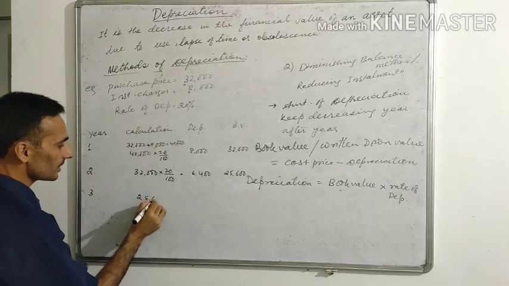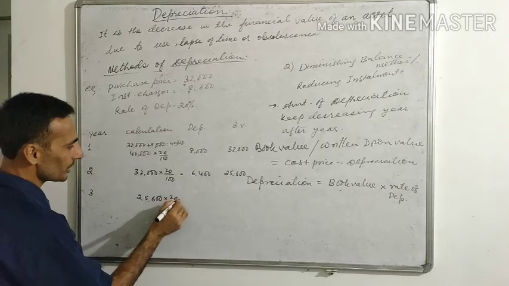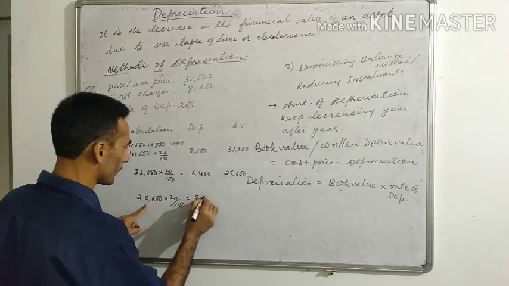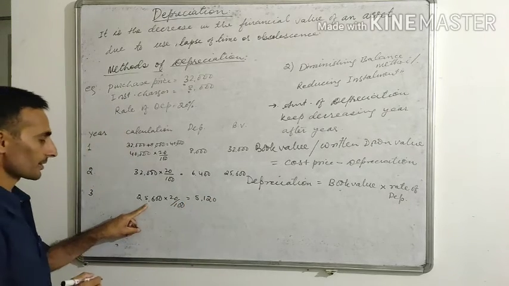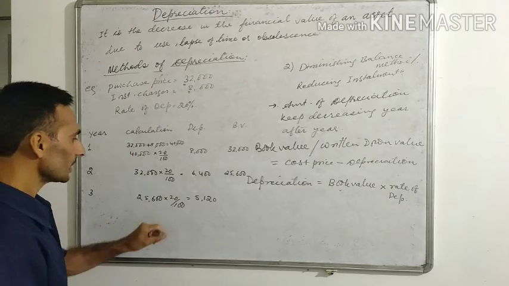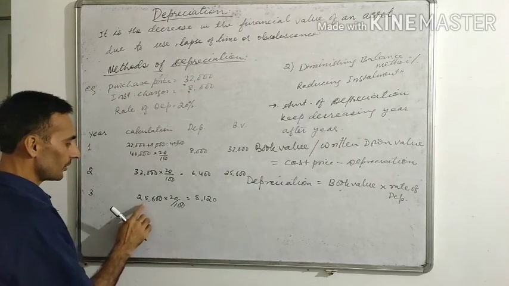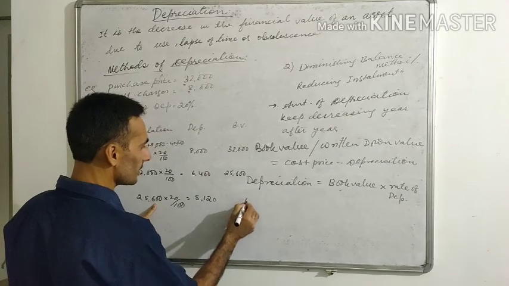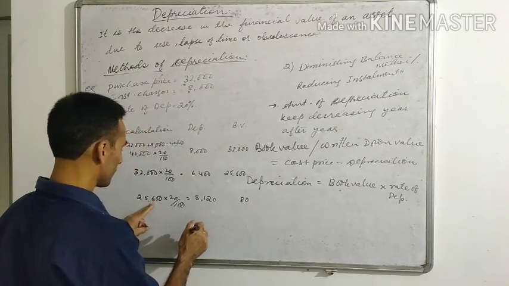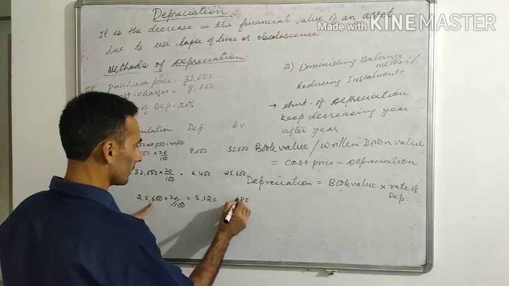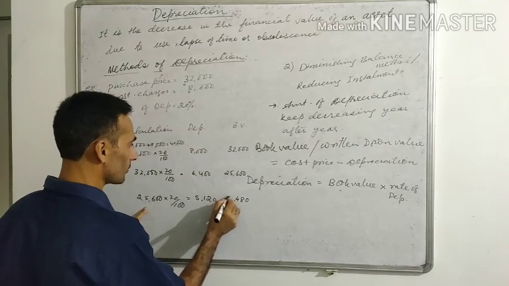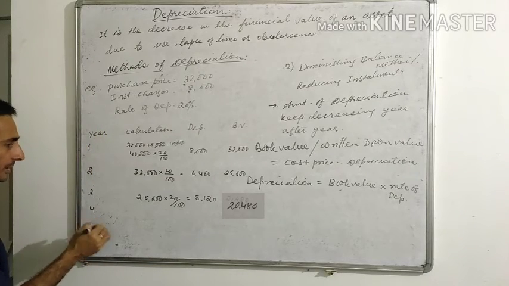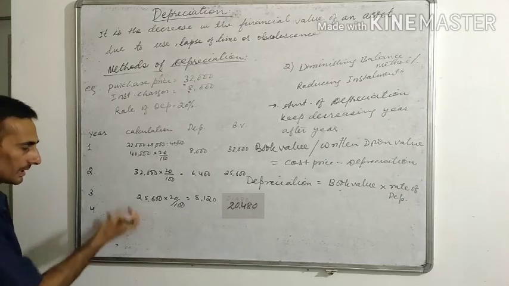So 25,600 into 20 by 100 is 5,120. Then now the book value is this amount minus this figure. So you have 20,480. Now the depreciation for the fourth year will be on this amount.